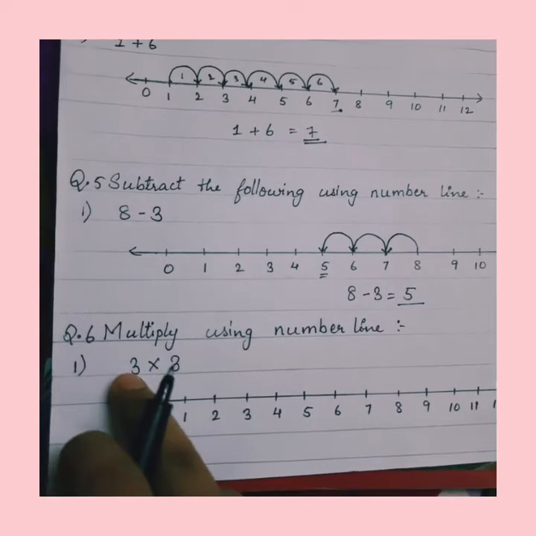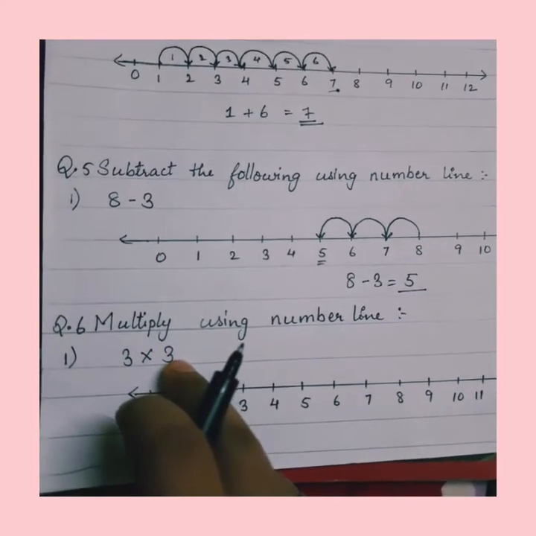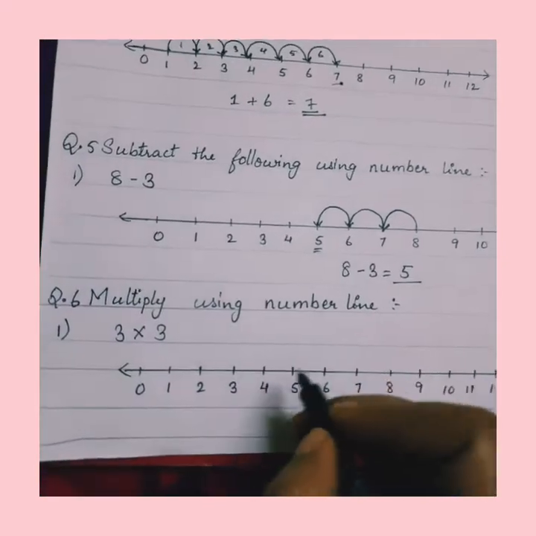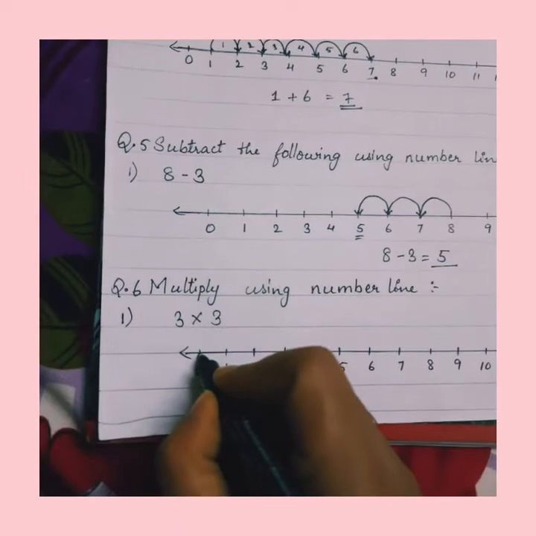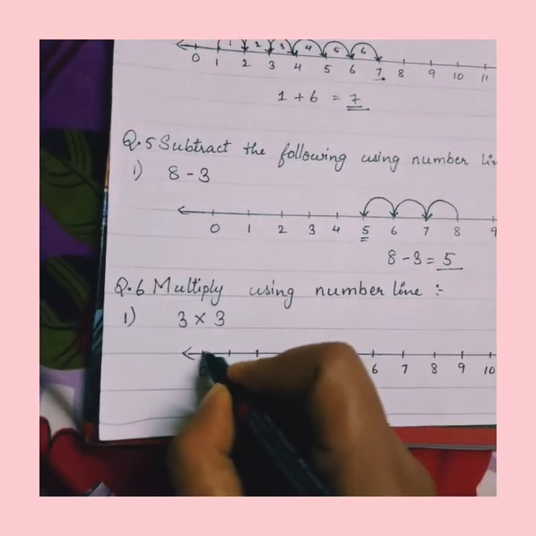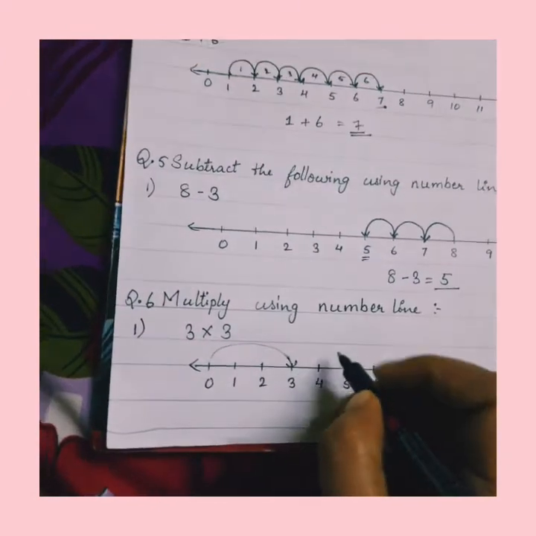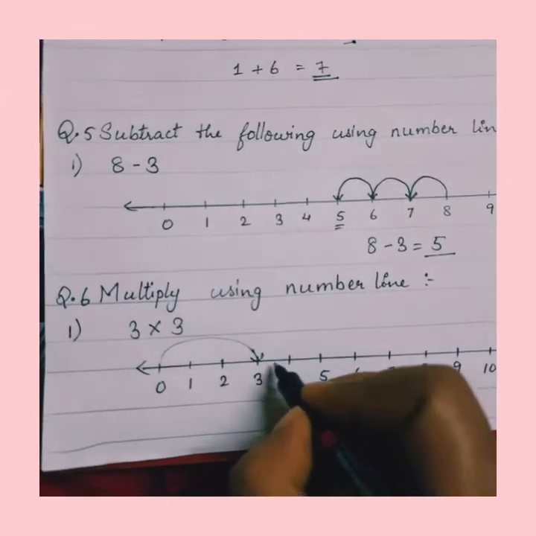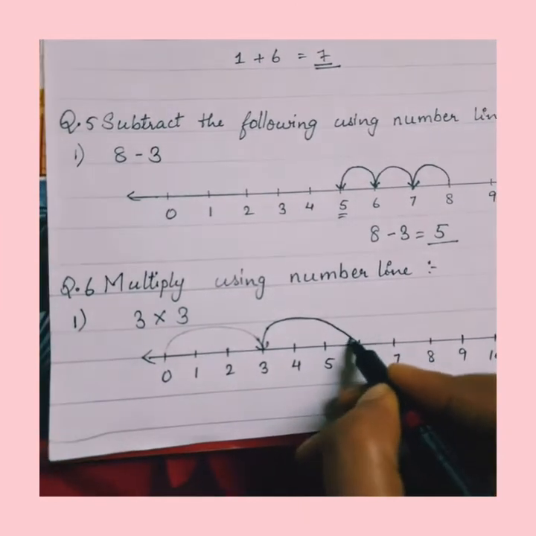That means 3 is added 3 times. So I will start from 0. 0 to 3 will be my first term, then 3 to 6.